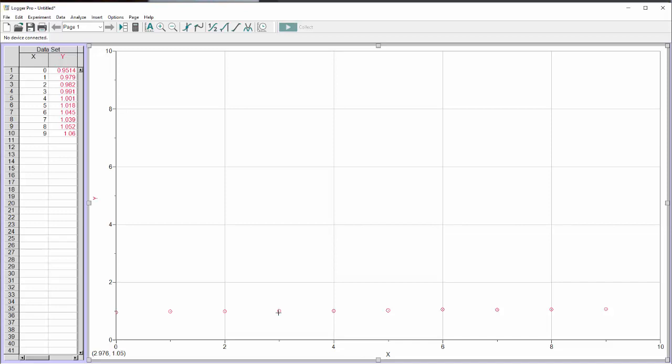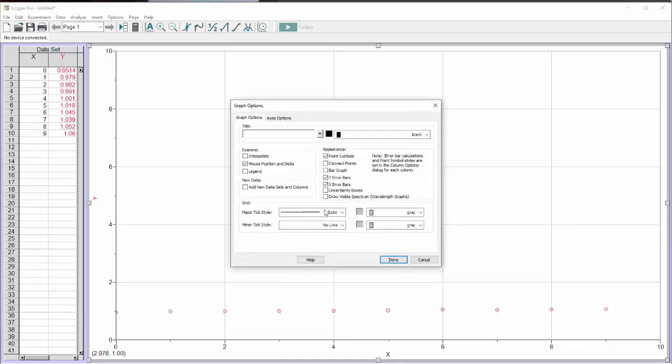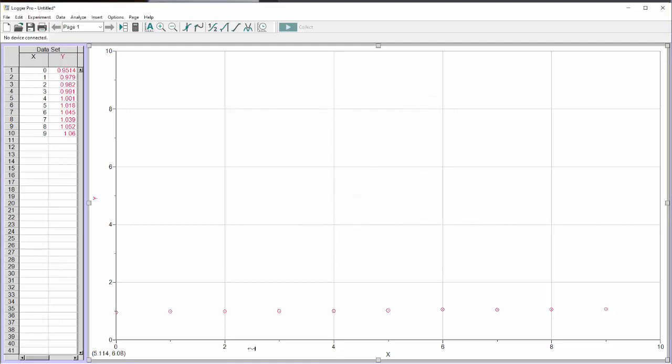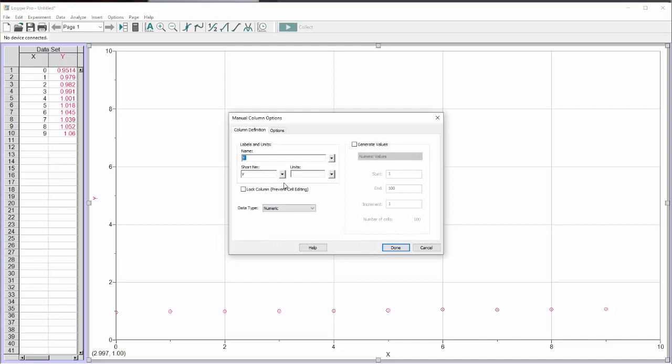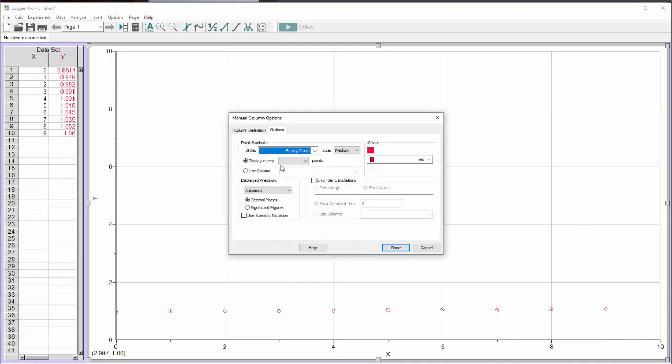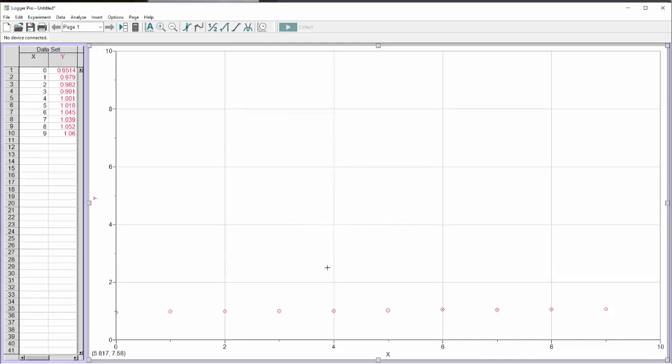So I'm going to right click. I'm going to mouse over any one of these dots, right click, and click graph options. Well, wait a minute. Hold on. Let me see if that's right. I'm sorry. Left click, I guess. No. Yeah, left click. Options. Okay. I said right click.